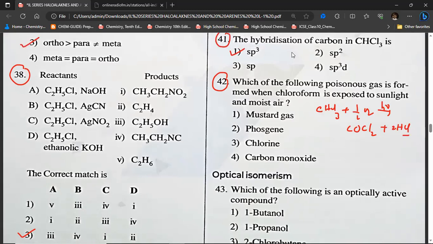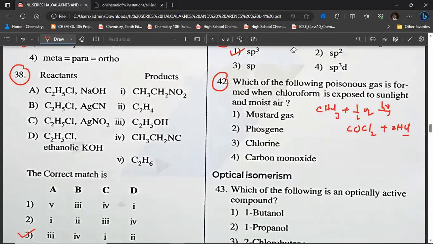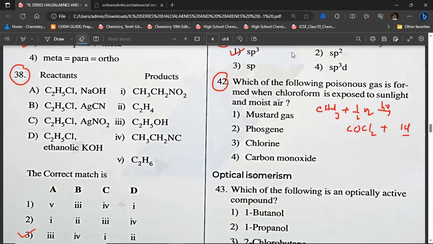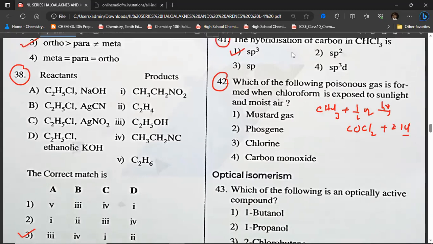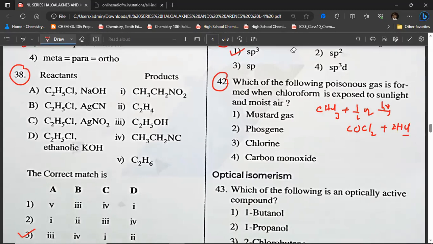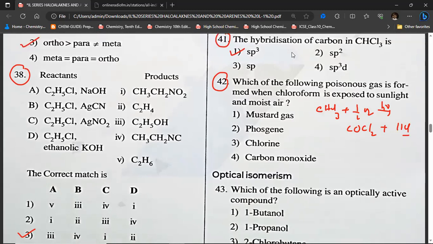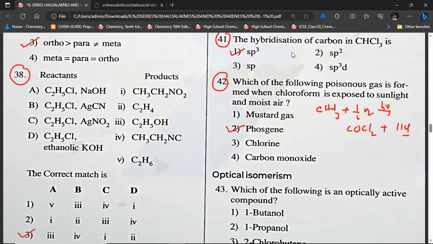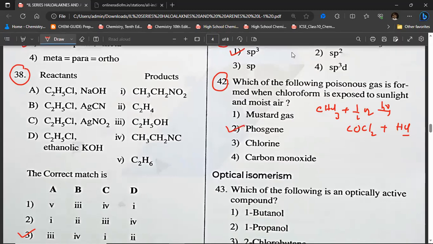That carbonyl chloride is also known as phosgene. So for 42, the second option is the right option for this question.